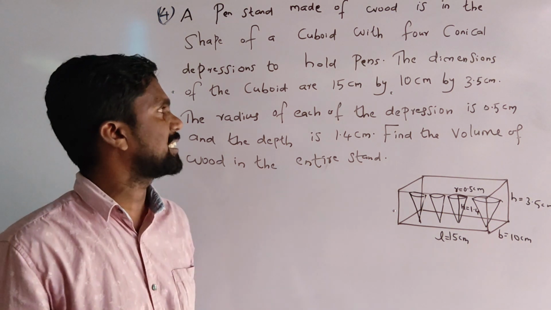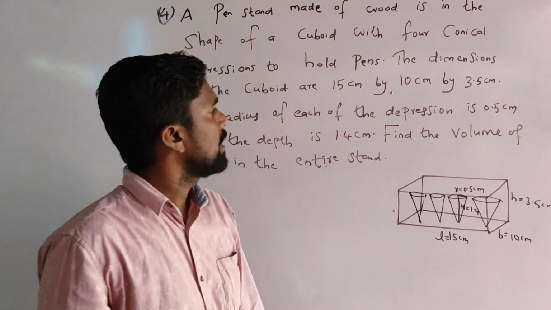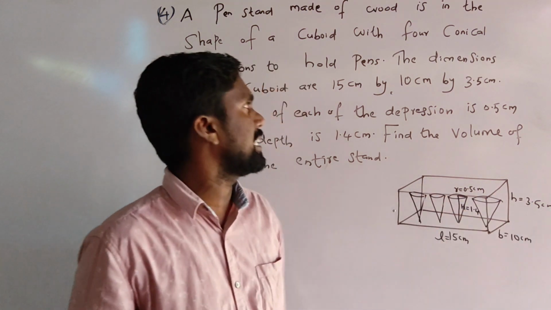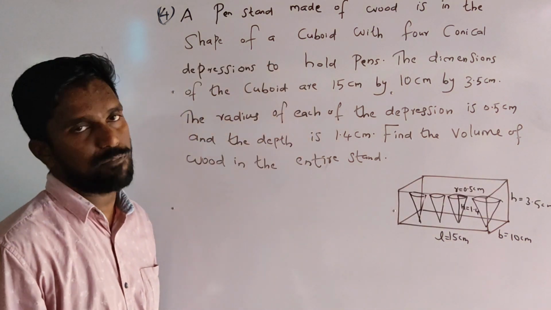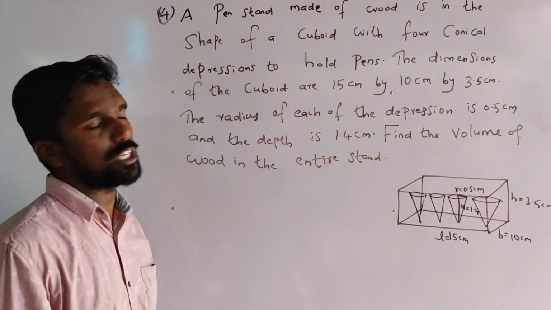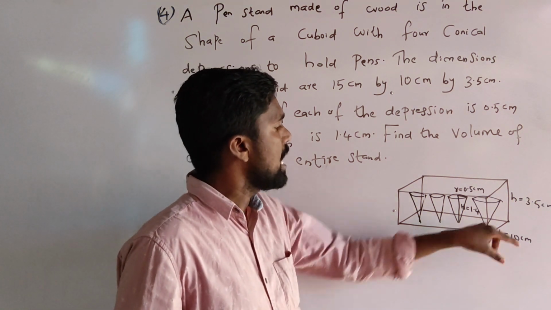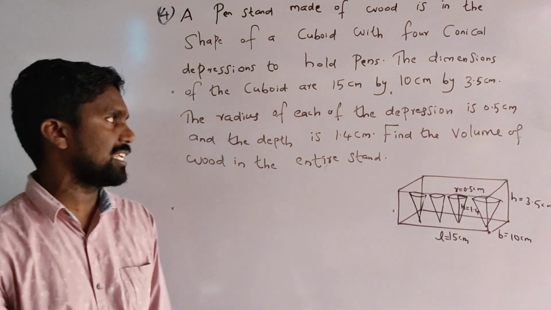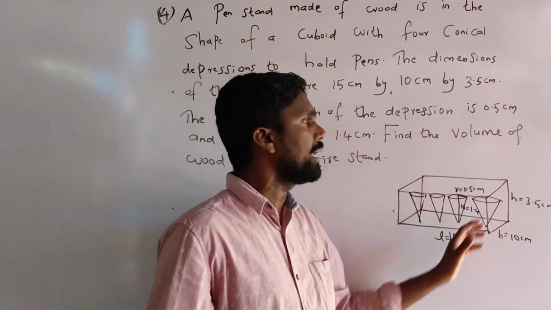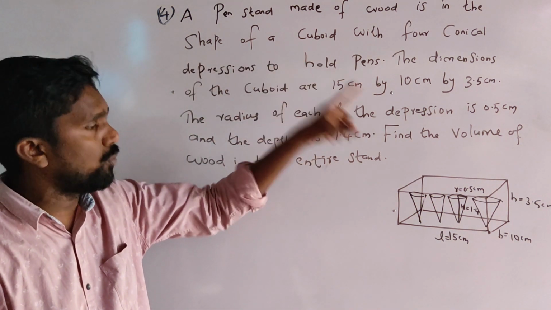So the cuboid measurement is given: 15 centimeter length, breadth 10 centimeter, height 3.5 centimeter. Listen carefully. The dimensions of the cuboid: length 15 centimeter, breadth 10 centimeter, height 3.5 centimeter. This is the cuboid, that is the pen stand made of wood.